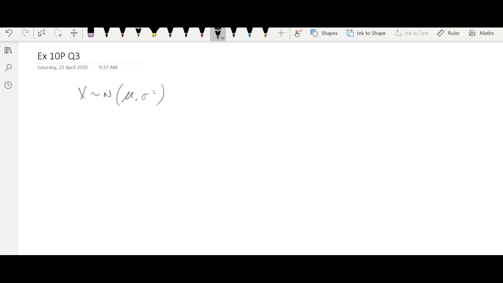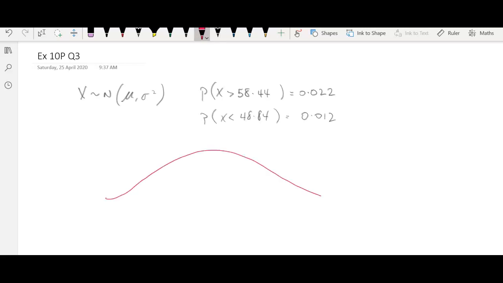But what we do know is that the probability that x is greater than 58.54 is equal to 0.022, and the probability that x is less than 48.84 is equal to 0.012, and we need to find the parameters. Okay, so let's draw a diagram of what we have here.